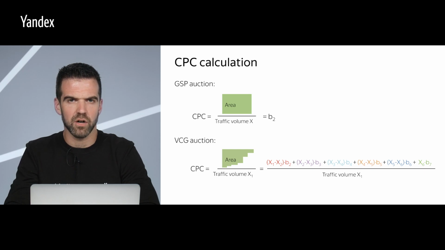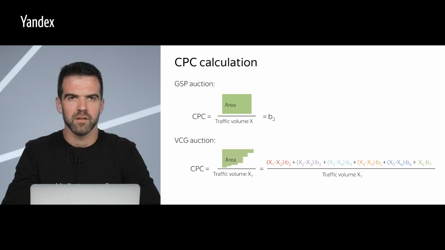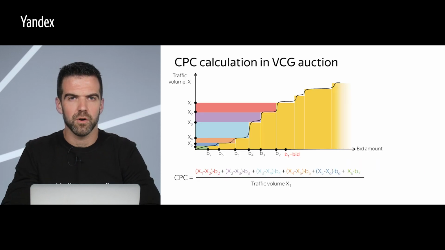In the second price auction, the advertiser buys all traffic at one price. In the VCG auction, each step is calculated separately. Each horizontal stripe corresponds to an additional traffic volume. Each item in this fraction corresponds to the next step up. This graph is not only different for each advertiser, but also for each user, so we should average these graphs to show you the traffic volume in the interface.